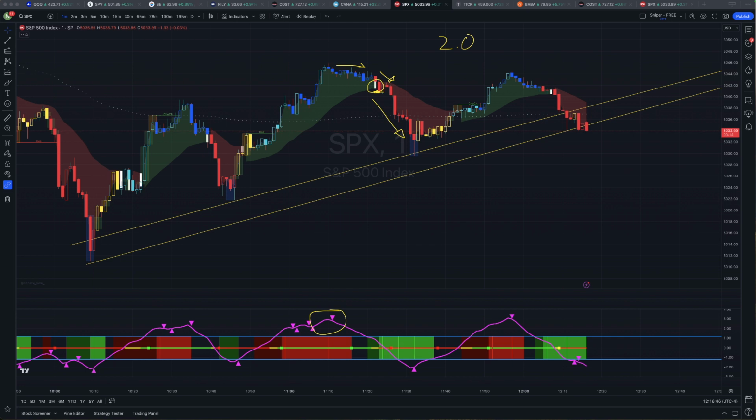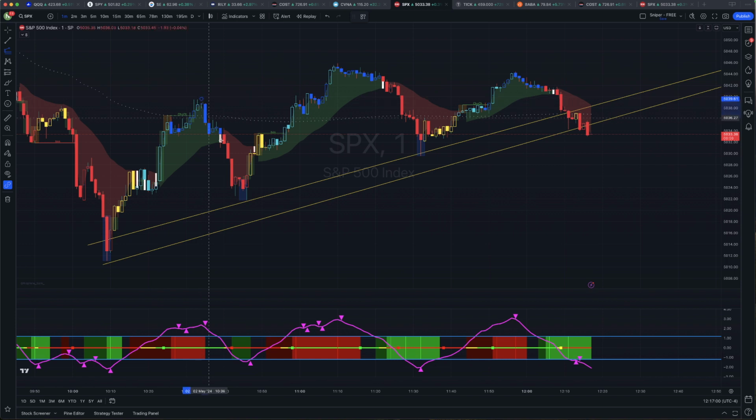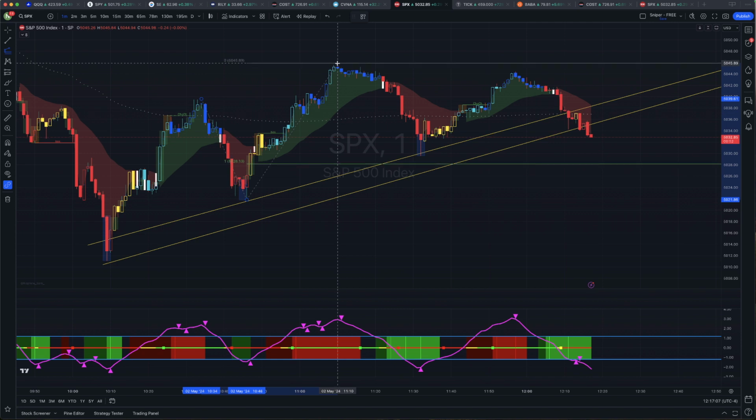Now, as you can see, how do I plan my exits? Well, exits are based on trend lines and or fibs. Okay, so if I measure this previous drop and measure it up to this piece up here, I get a fib line about right here.